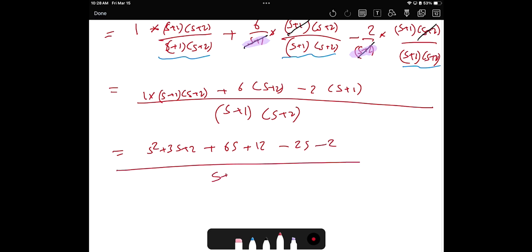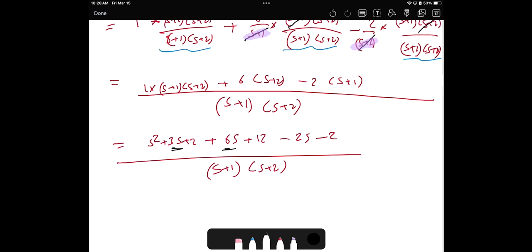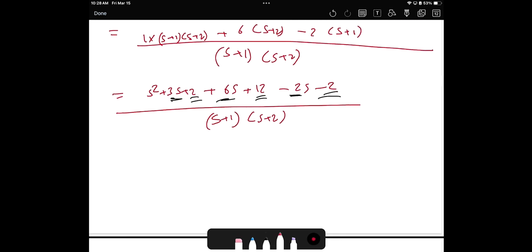I take the denominator as (s plus 1)(s plus 2), because I need to find the poles and zeros, so I don't need to do the multiplication there. Then we can group 3s, 6s, negative 2s, and 2, 12, negative 2. After simplification, it is s squared plus 7s plus 12, divided by (s plus 1)(s plus 2).